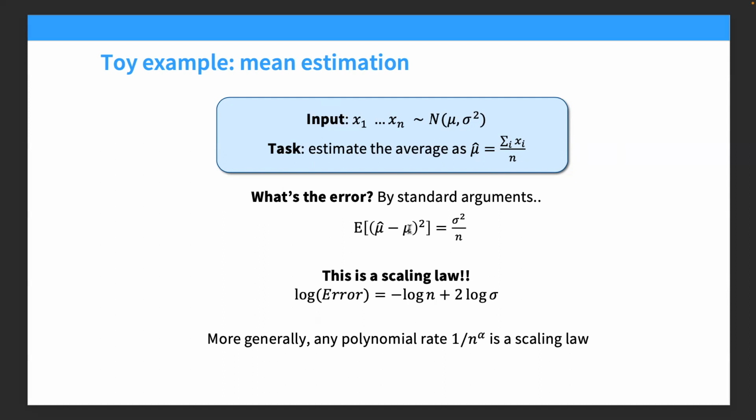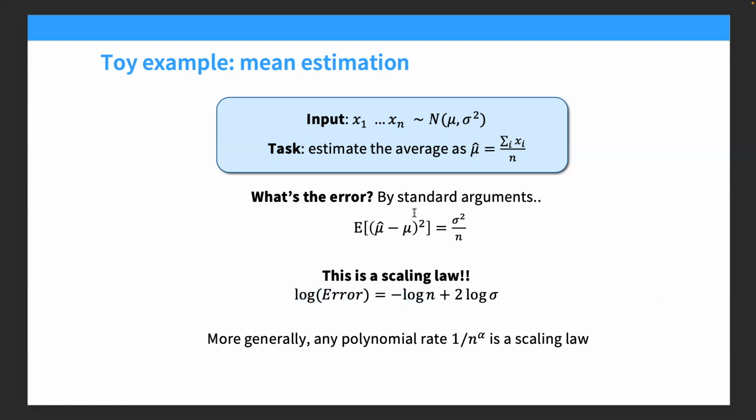You can calculate the expected mean error, which is the covariance divided by n, so you normalize by the number of samples in your set. And if you take a log, it's a linear relationship. If you compare the log of the error versus the log of the data size, which is n, it's a linear relationship.